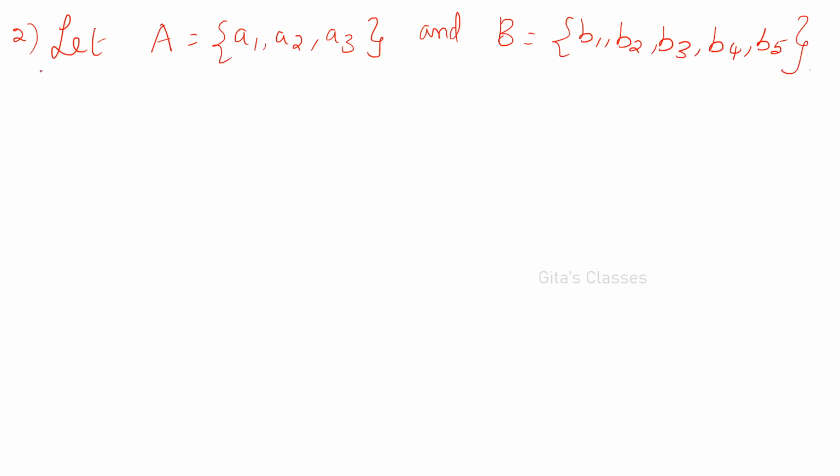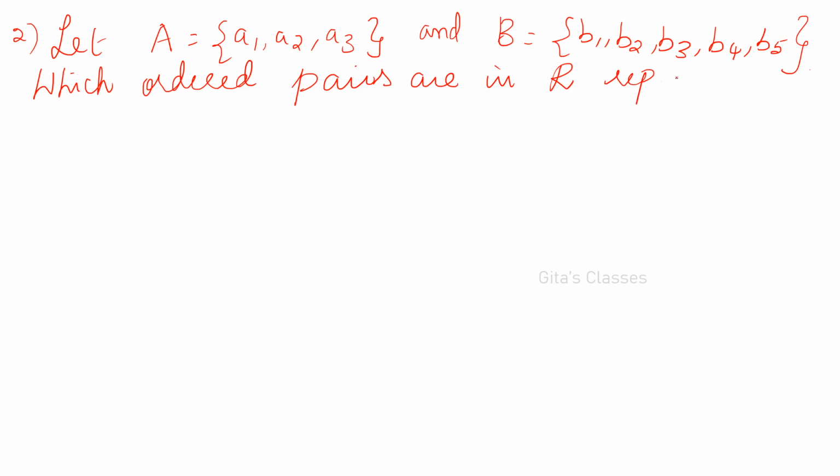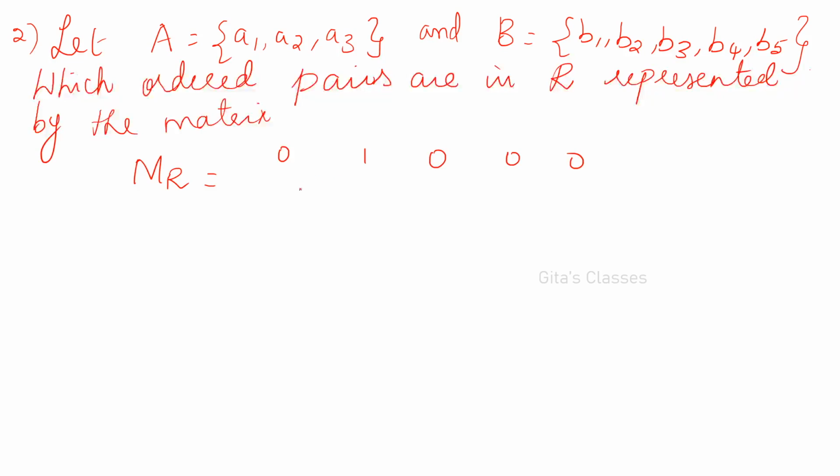Now the question is, which ordered pairs are in the relation R represented by the matrix? The matrix is given, and you have to write the ordered pairs represented by the matrix. MR is equal to 0, 1, 0, 0, 0, then 1, 0, 1, 1, 0, then 1, 0, 1, 0, 1. This is the given matrix.